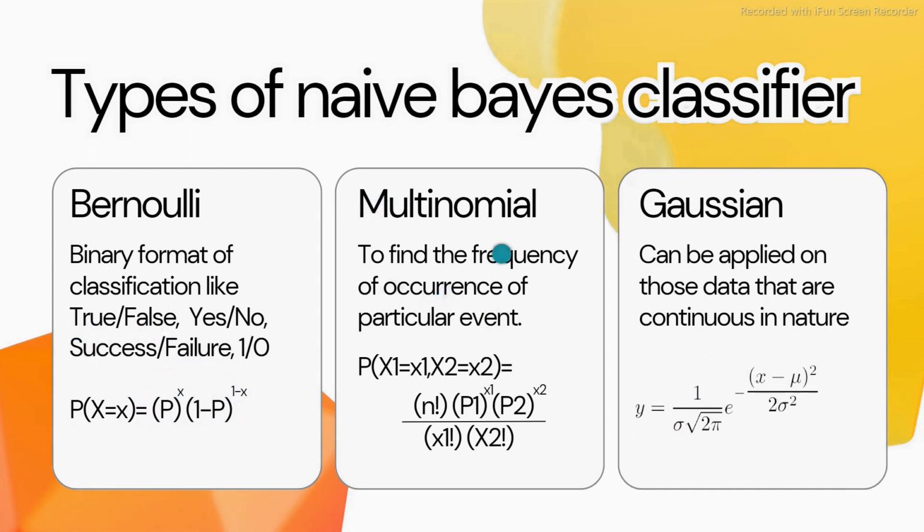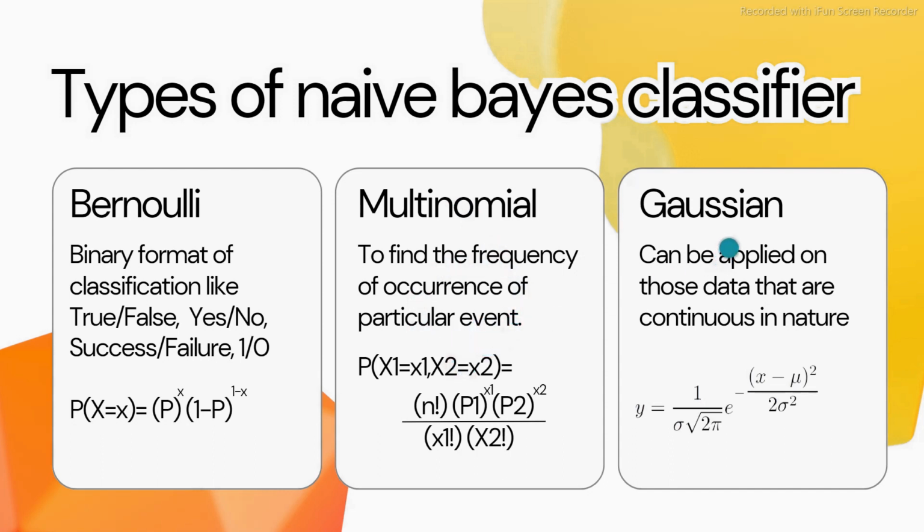Here we have the multinomial Bayes classifier. Multinomial means here we are going to consider multiple classes. Here we have two classes, true or false. In the multinomial we have multiple classes, for example, spam and malicious. The same email example. Here we can classify or categorize a particular probability into all these classes.